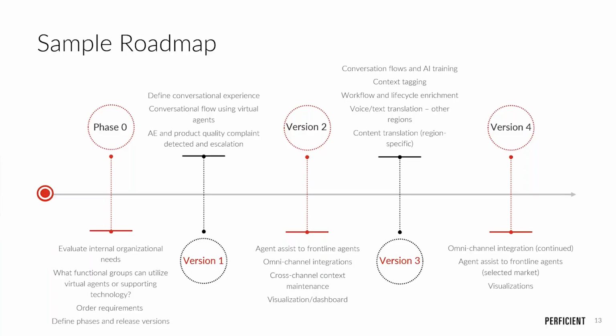So what we are presenting here is, typically in such engagements, we have a phase 0 where we evaluate, gather, and collect all the requirements, and ensure that your organizational needs are addressed in a prioritized, ordered manner. And then, once we have a handle on the end-to-end system at a high level, how do we plan to release this?